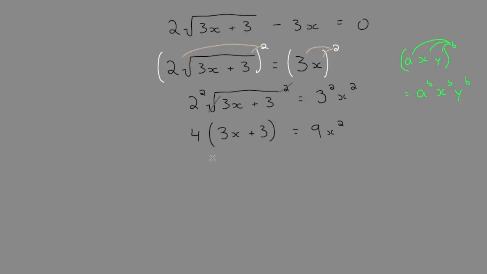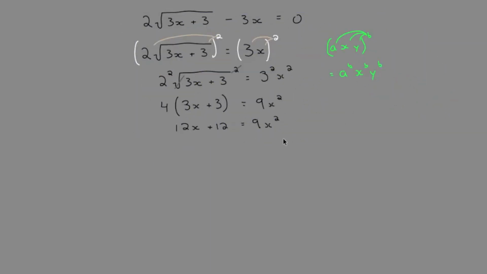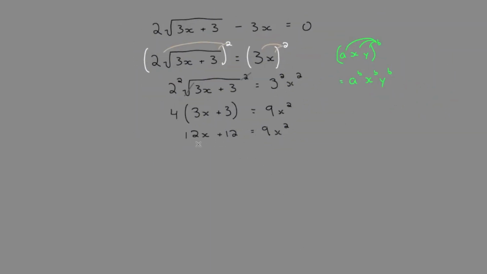Distribute the 4, so we get 12x plus 12 equals 9x squared. I'll make a bit more room here. At this point, we should recognize we actually have a quadratic trinomial here, where when we rearrange it into standard form, we can hopefully factor it to solve.